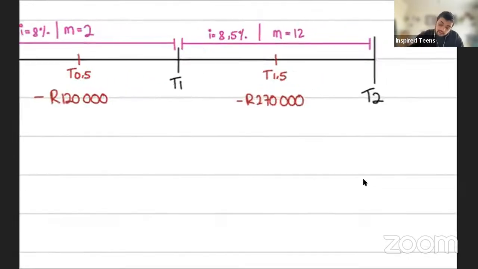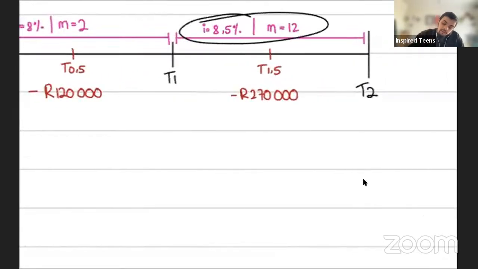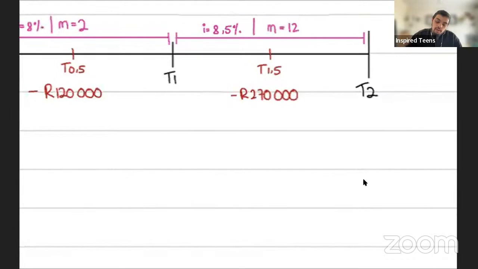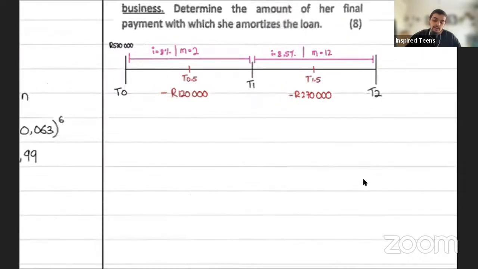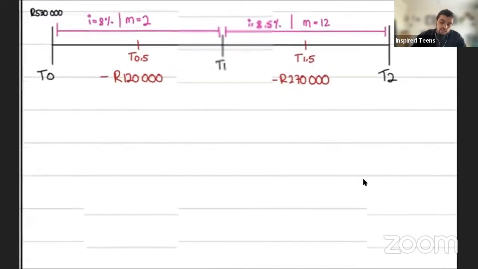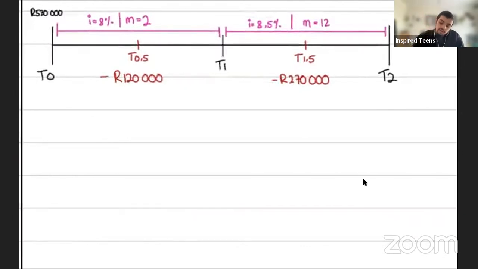Then for the second year, the interest rate became 8.5% per annum, compounded monthly. At the 1.5 year point, the 18-month point, they made a payment of 270,000. And then they made their final payment, because this timeline ends at T2, 2 years after the loan was initially taken. Now that we made these changes, there need to be intervals.